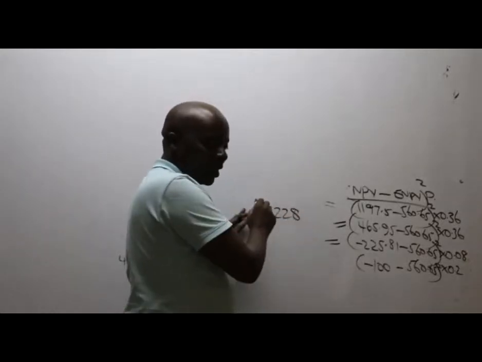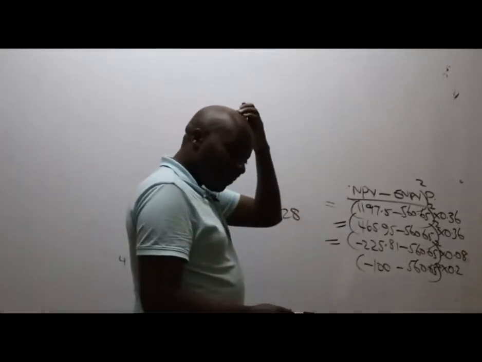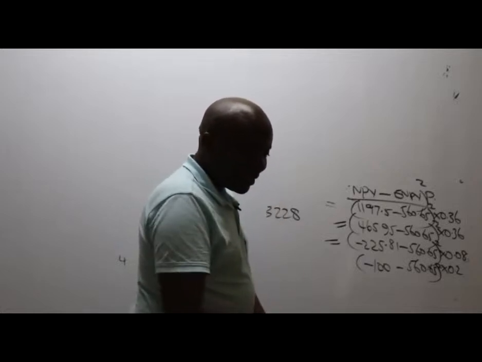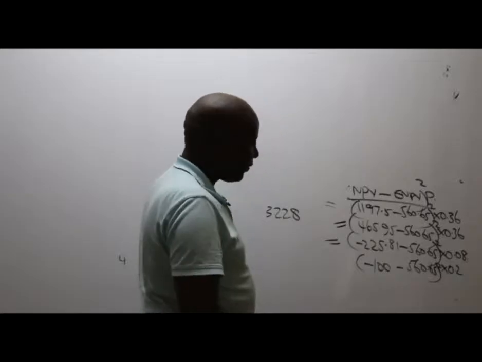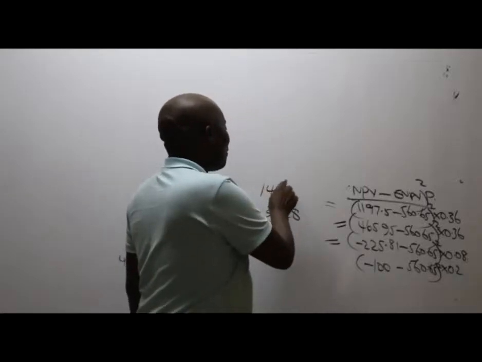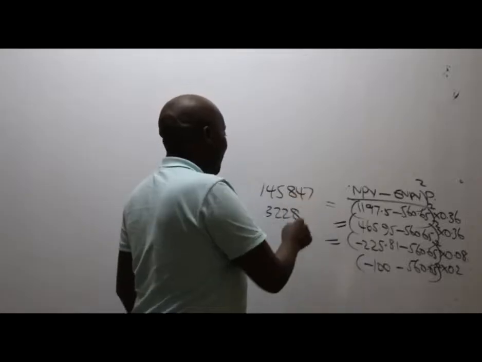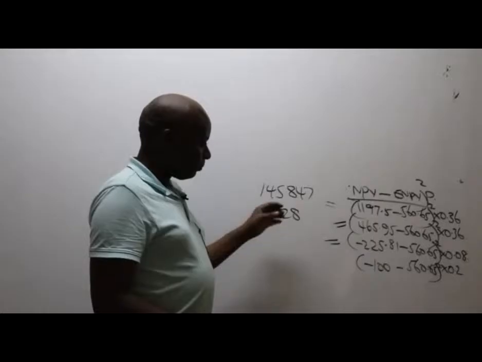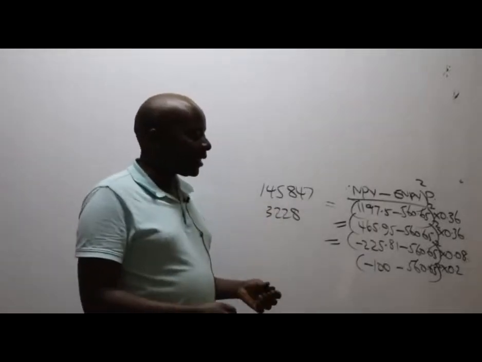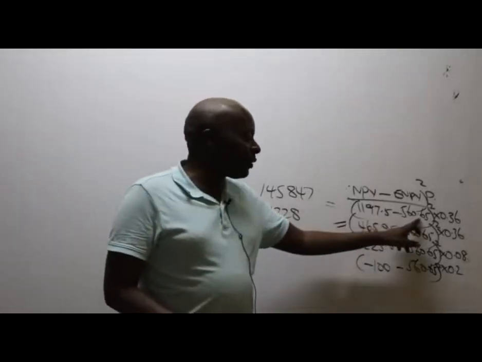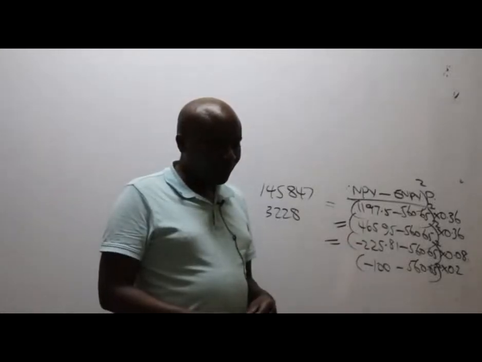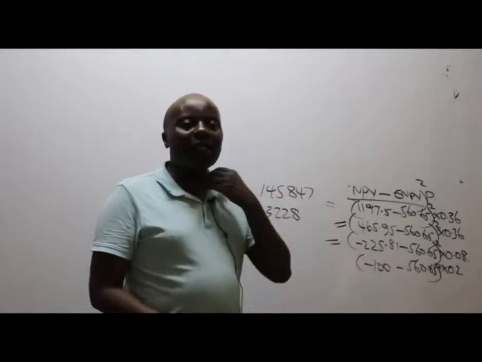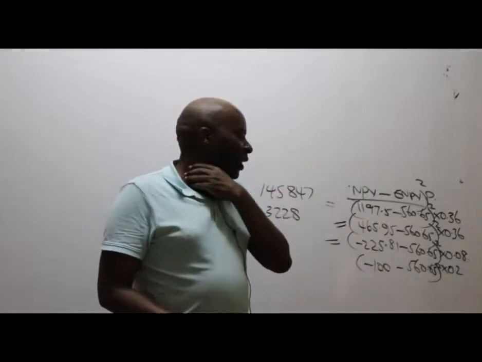How about the first one? 145,847. Let's not fight. Let's just work with whatever figure you have there. Those are rounding-off errors, because I'm aware some of you never used 560.65 there. Let's go to the third one.